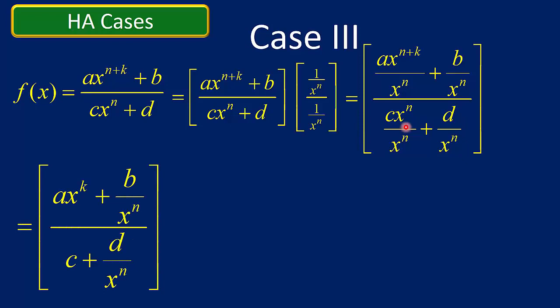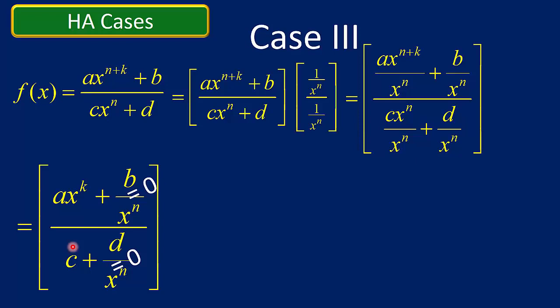But notice what happens. These x to the n's cancel down here. And over here, you've got this term, and this right here. Now, notice that these two terms go to 0. And what we're left with is ax to the k up top and just a constant on the bottom.